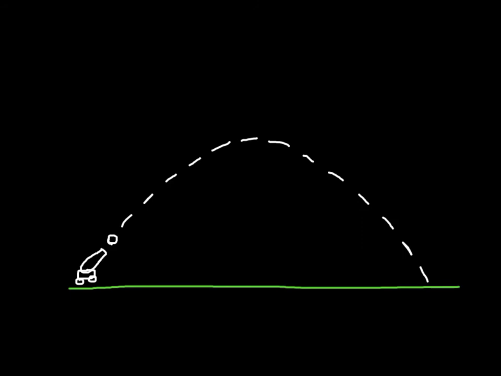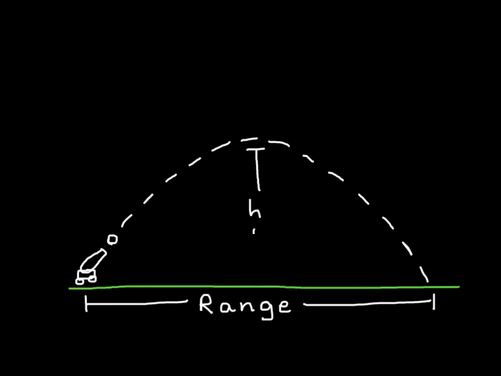Let's label what we know. The horizontal distance is called the range. The height is now in the middle of the projectile's path.